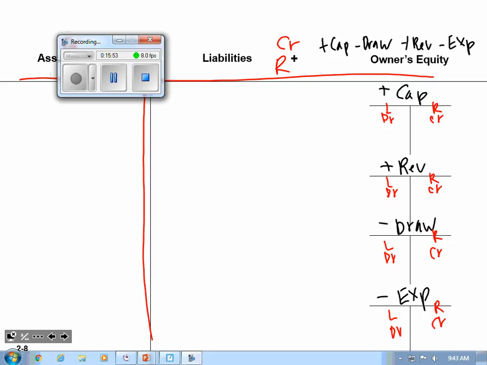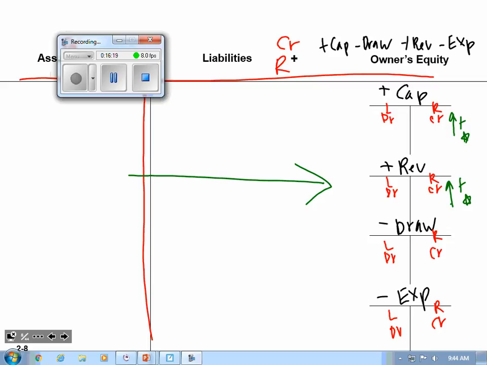I'm on the right side of the big T. Where is the increase going to be? On the right side of the little T's. So the right sides are the plus, minus, star. Stop here though. That's the normal balance side because it's on the right side of the big T. The baby T's are the plus side.